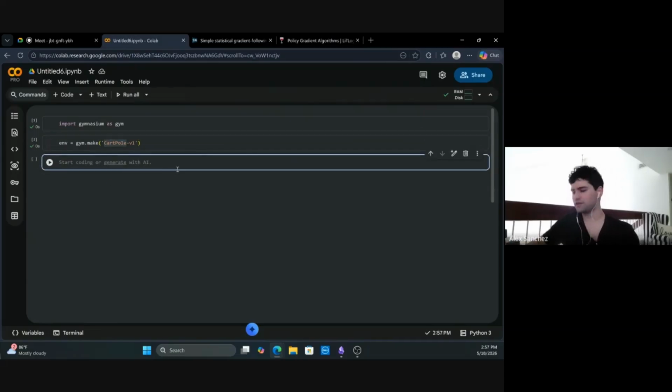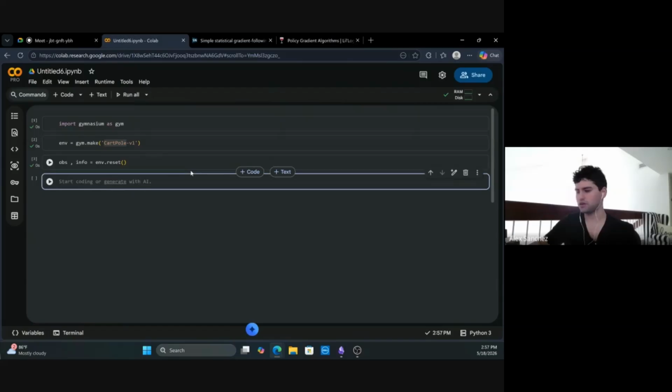And then what we have is our observation. And what we have is this function called environment.reset. What this does is it starts the environment from scratch, and what it returns is our obs, the observation of the current state. And we also have info. It gives the information.